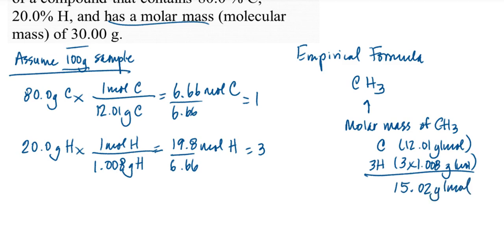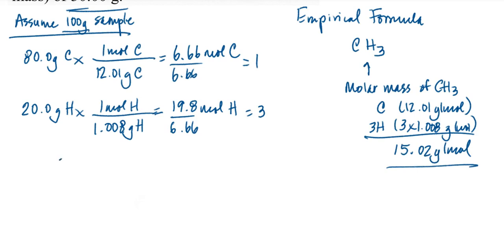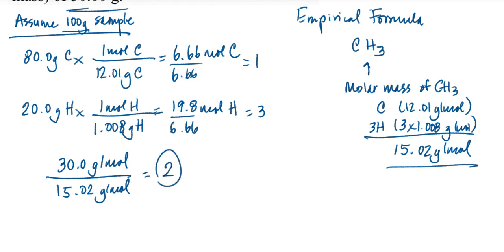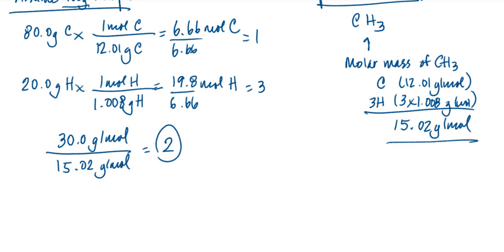So I'm going to take this molar mass and that molar mass and find the factor difference between them. So that would be 30.0 grams per mole divided by 15.02 grams per mole. That means that these two formulas, the empirical formula and the molecular formula, are related by a factor of 2.